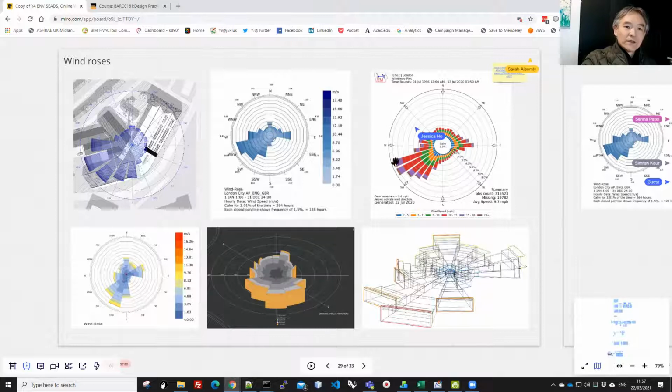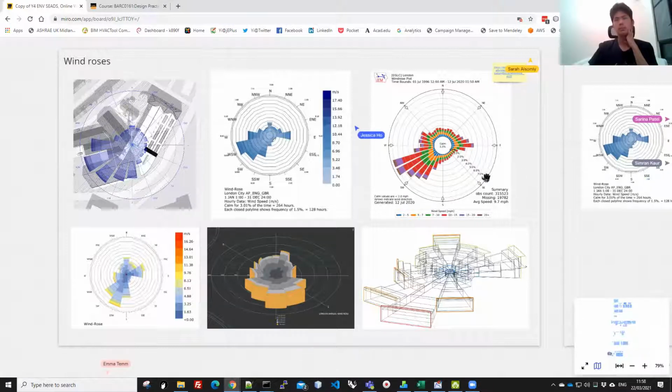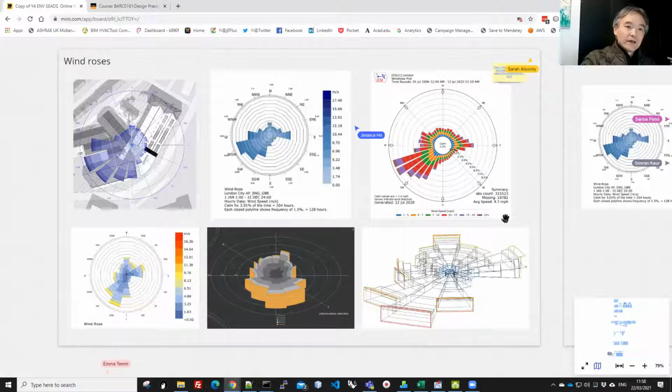So this one says something like 8% of all hours throughout the year the wind will come from this direction, and for each speed category, that's above 20 miles per hour, it's I don't know, 0.4% of time that have this kind of speed from that direction, right? So this is how this wind rose is read.